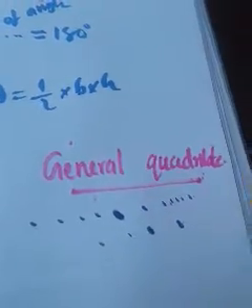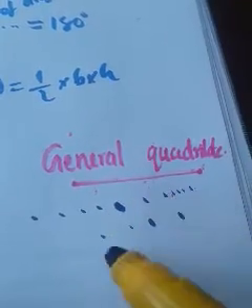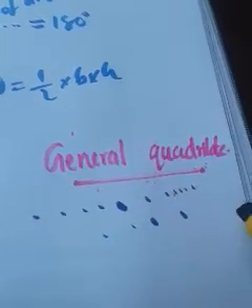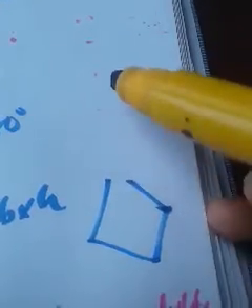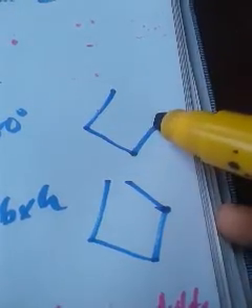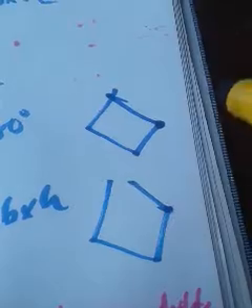There should be four sides and it should be closed. This is a four-sided shape, 1 2 3, but it is not closed, so it is not a quadrilateral. A quadrilateral means there should be four sides and it should be closed in this way.